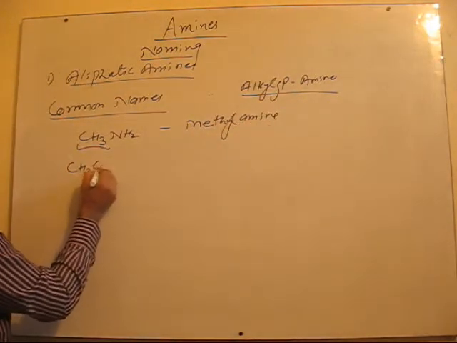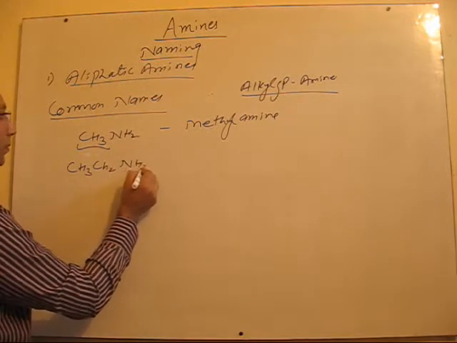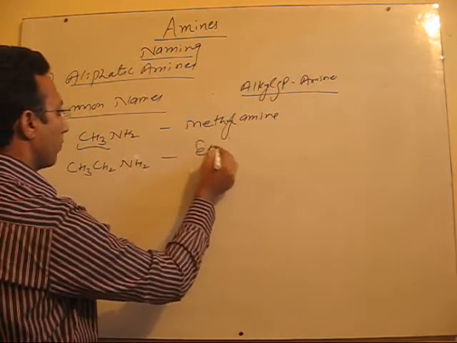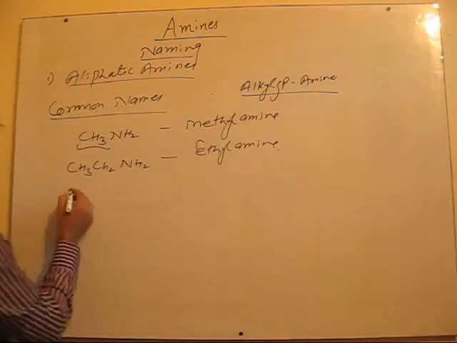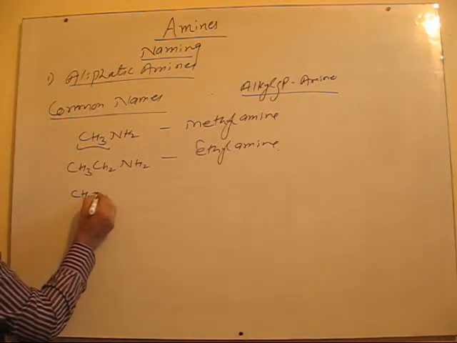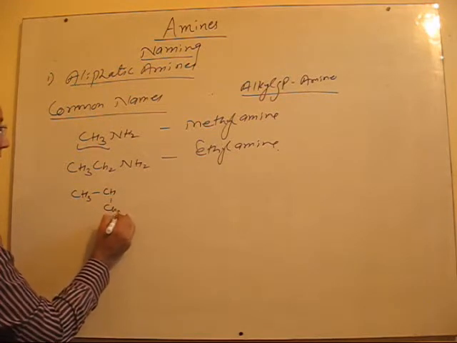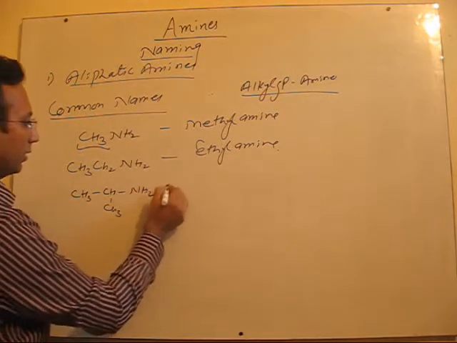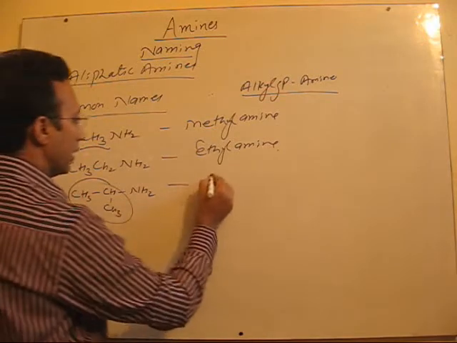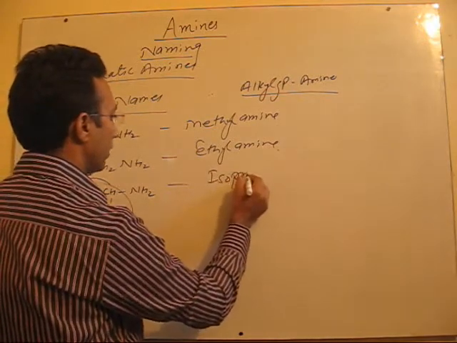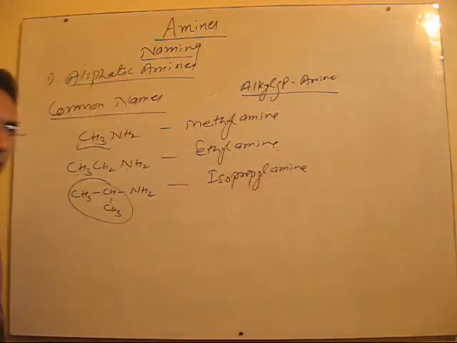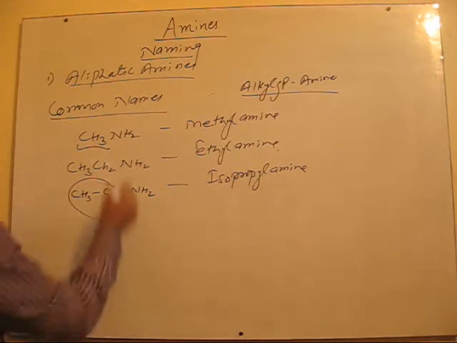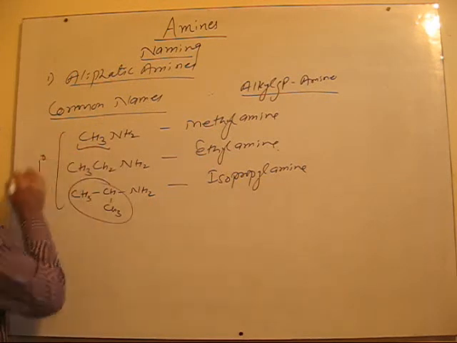Similarly, if it is an ethyl group, then the name is ethylamine. We only need to know the name of the alkyl group. Here the alkyl group is isopropyl, so it is isopropylamine. This is the case when only one alkyl group is present, and all these cases are primary.